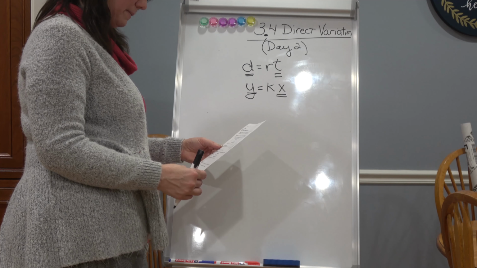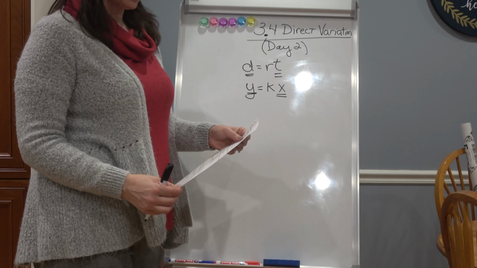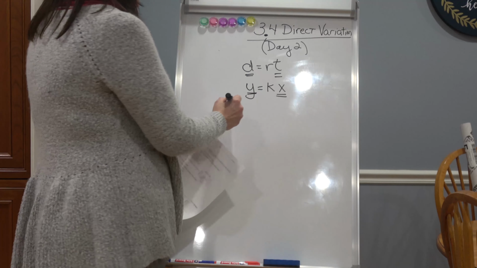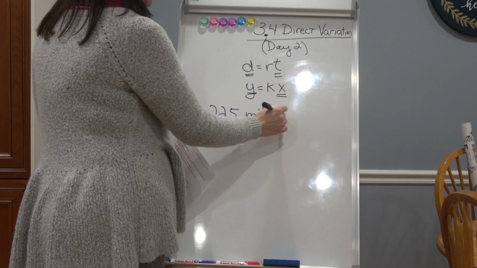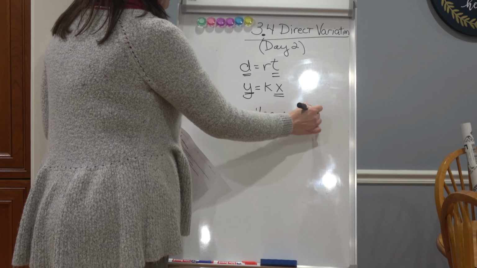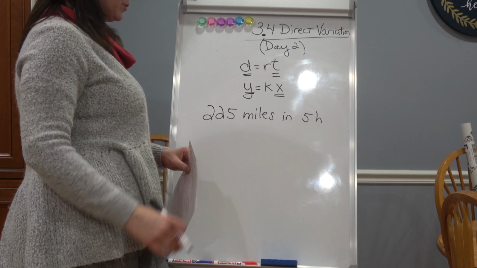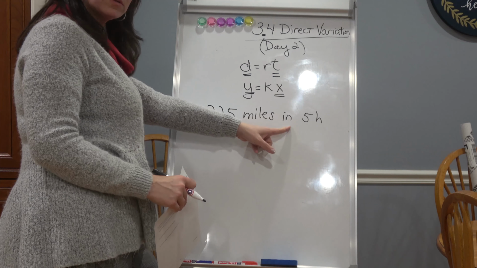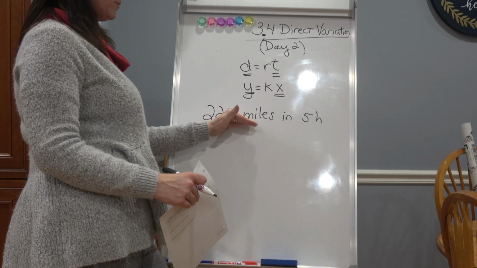All right, so in this particular problem, we know a family drove their car 225 miles in 5 hours. So, if that's true, just like the y equals kx problems, we can create an equation based on this information.